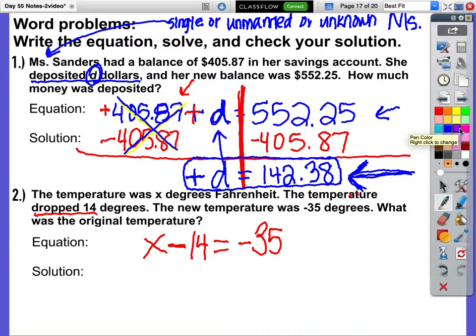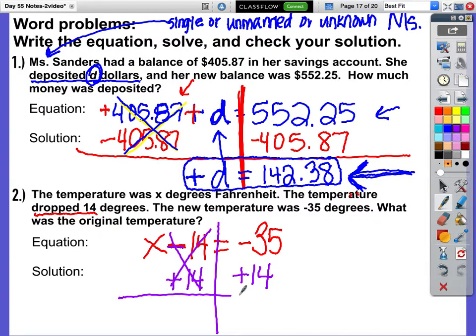All right, let's do it. Draw your line down your equal sign to separate your two sides. Look at your problem. You've got a subtraction problem going on, so we need to do the inverse, which is addition, or we're adding 14 to both sides. That gives us the ability to cross this out and have nothing on the left side except the x. We still have our equal sign.